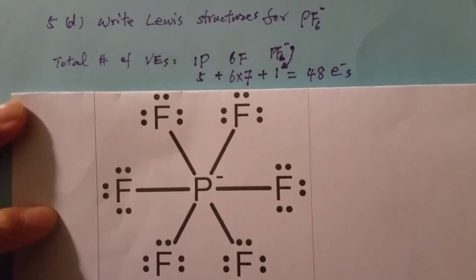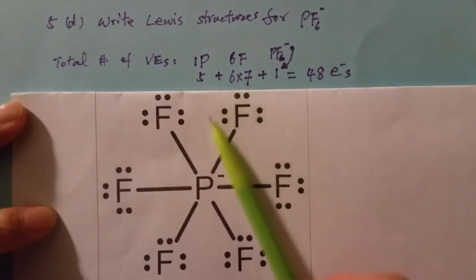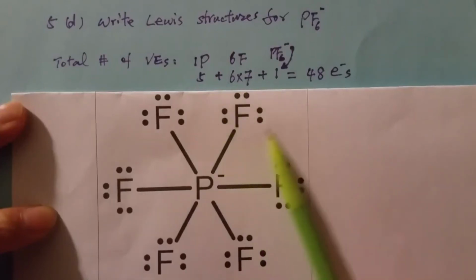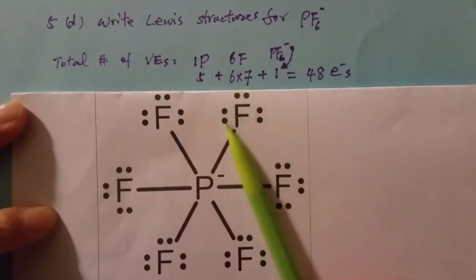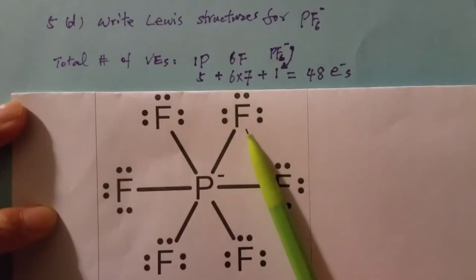Another point I would like to make is that atoms, when they form chemical bonds, or even when they exist as an atom or ion, would like to assume the octet structure, 8 electrons.